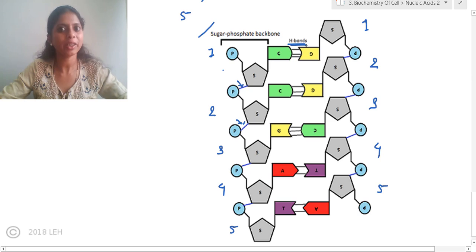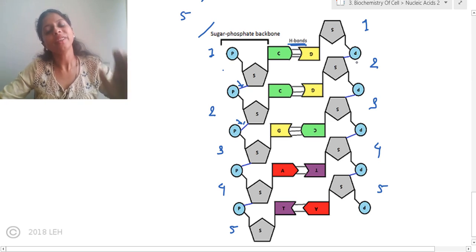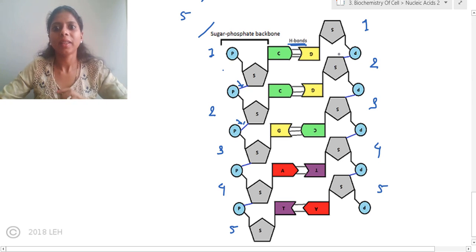See, hydrogen bond, got it. Then the second nucleotide of the second strand will come. Now it needs to join to the first strand as well as to this strand. So it will join to the first strand with these hydrogen bondings and to the second strand with phosphodiester linkage. Getting my point? Understanding?